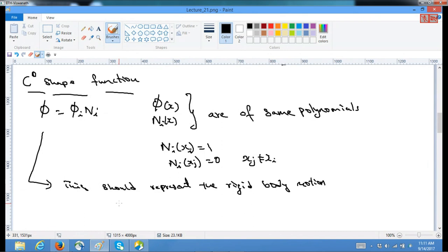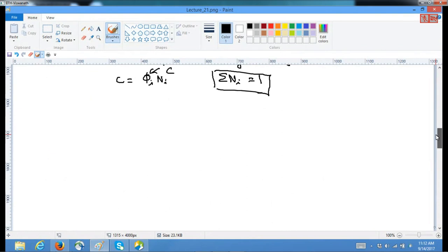That means any rigid body motion which is constant has to be represented by phi i Ni, and since that is also constant, the summation of Ni would equal 1. So that is the characteristic of C0 shape functions. Now let us do the same thing in terms of two-dimensional shape functions.